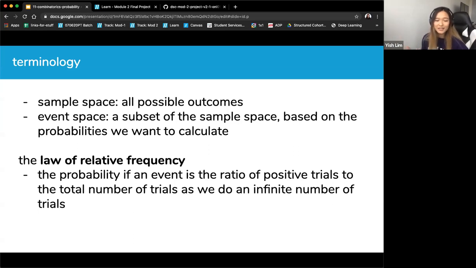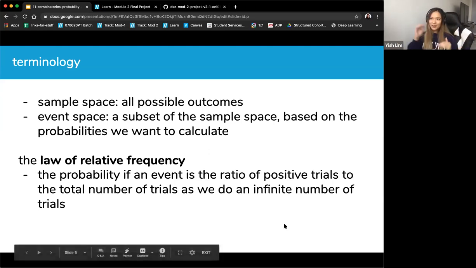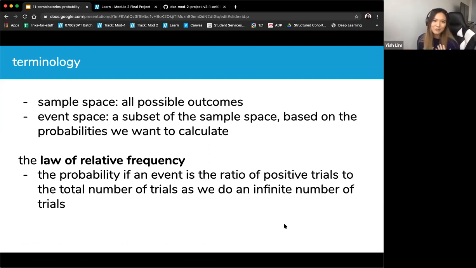Where the idea of probability comes about is if you were to roll a dice over and over again an infinite number of times, then the proportion of rolling a 6 is 1 out of 6 of all the times. You have to imagine you're doing something over and over again, and then that proportion, the proportion of times where you actually roll a 6, is the probability.